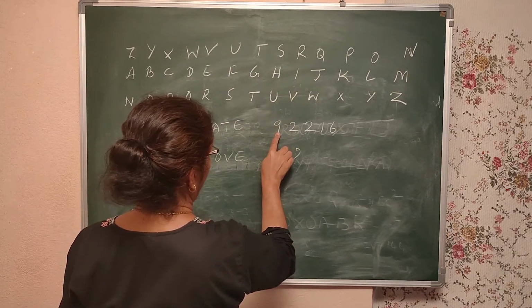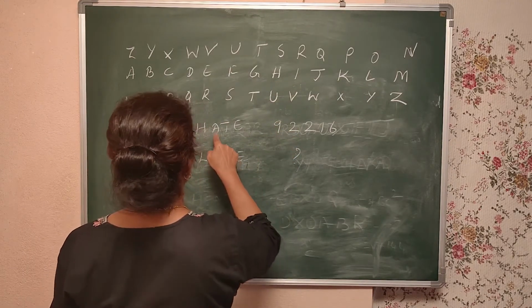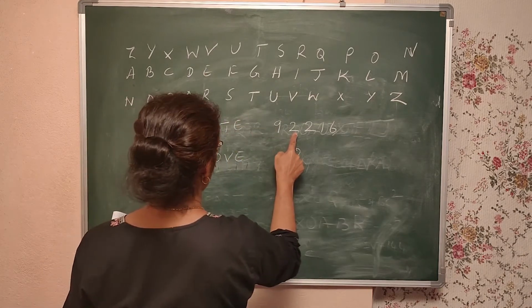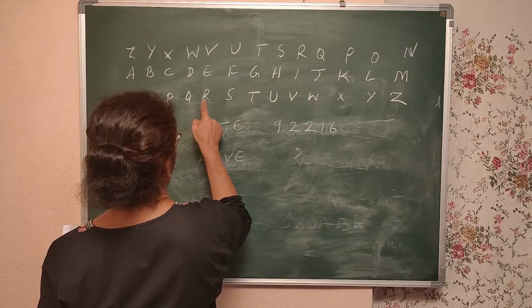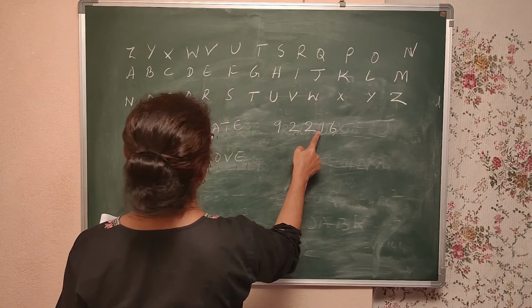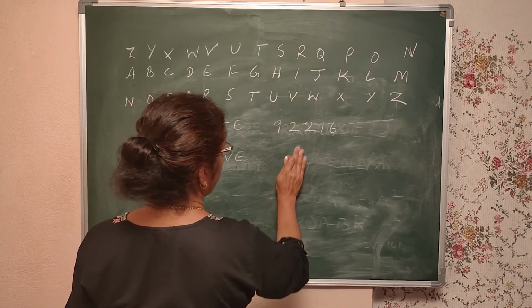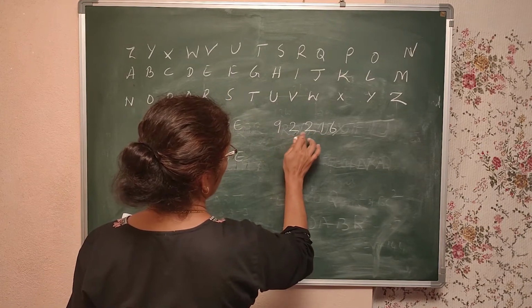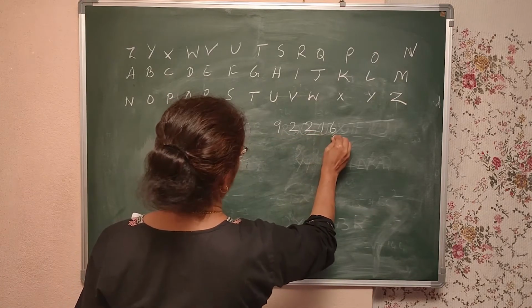So 8 plus 1, 9. A 1 plus 1, 2. T: 14, 15, 16, 17, 18, 19, 20. So 21. E 5th, so 6th. Right? It is not 9 2 1 6. It is 9 2 21 6.